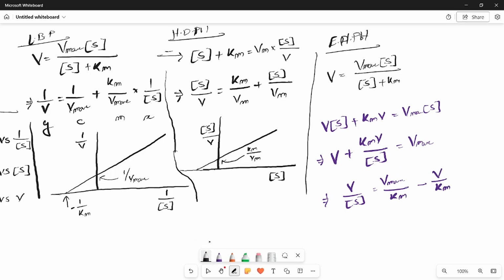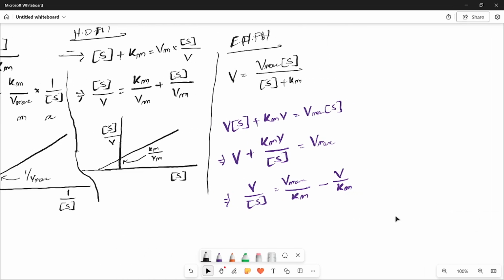Oh sorry, change the color. And the plot will be like this. Here the slope is negative. This is the most interesting part. Simple: y equals mx plus c, and this slope is negative. Now what is y?